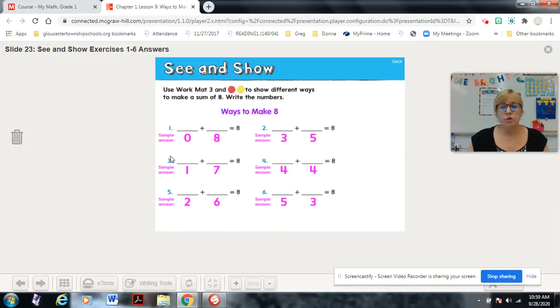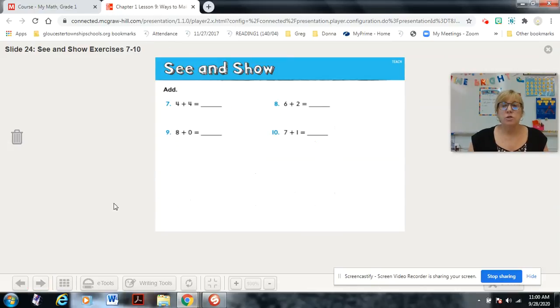And actually they started with 0 red and 8 yellow, and then they started just moving 1 over each time, okay? You could do that, but try not to do the same. The reason I do it that way is so I don't repeat a math sentence. They want 6 different ways, okay? So if I did the 2 and the 6 again over here, it's not different. It's the same thing. I just printed it again.